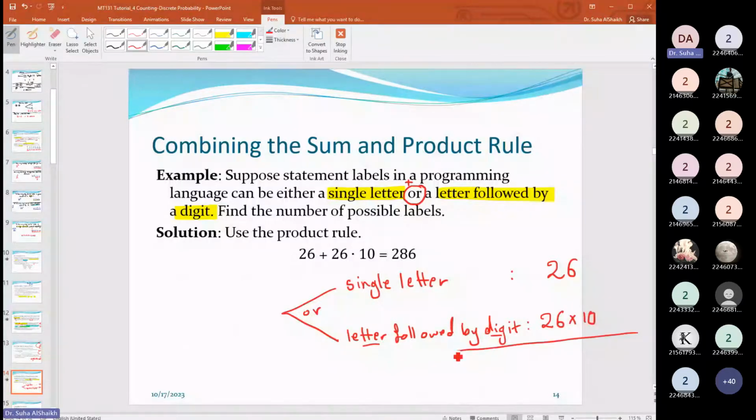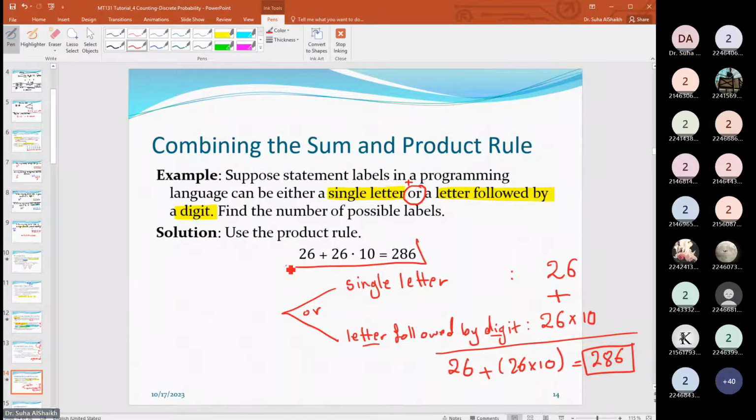So this equals the sum of those two: 26 plus 26 multiplied by 10, which is 260, and the result is 286. You can find the solution here. 260 with the 26 is equal to 286. Got it?